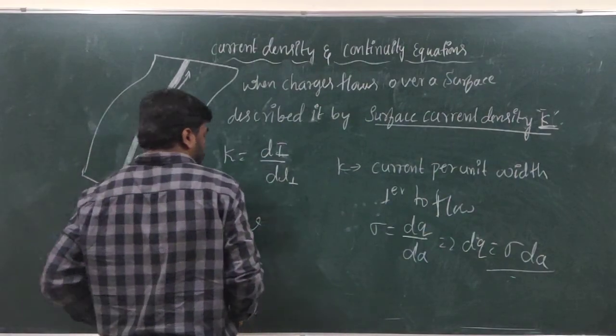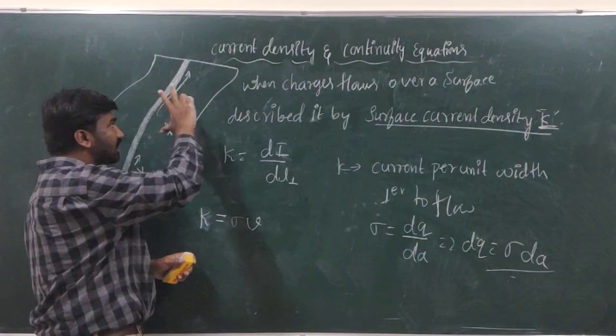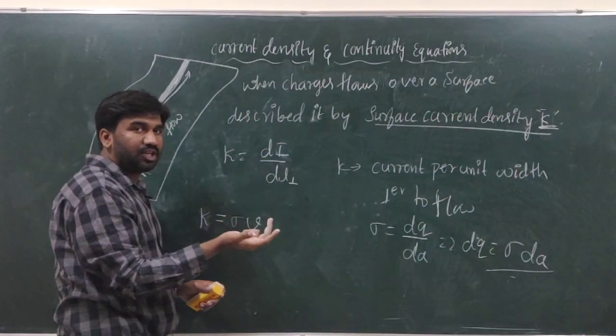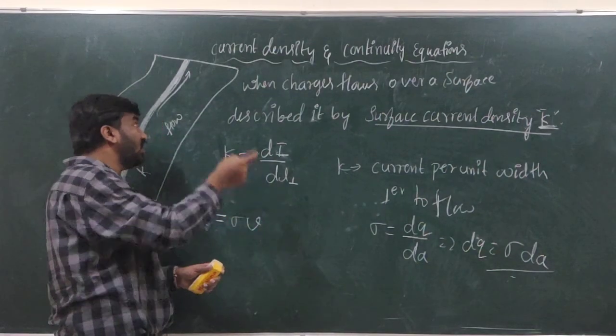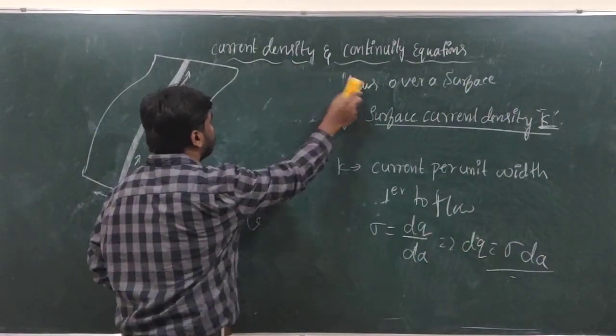Now I am going to discuss what happens if this surface current is placed in an external magnetic field. What is the magnetic force on this surface current?